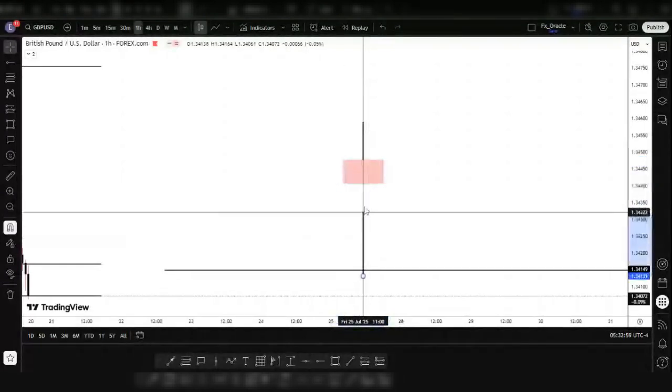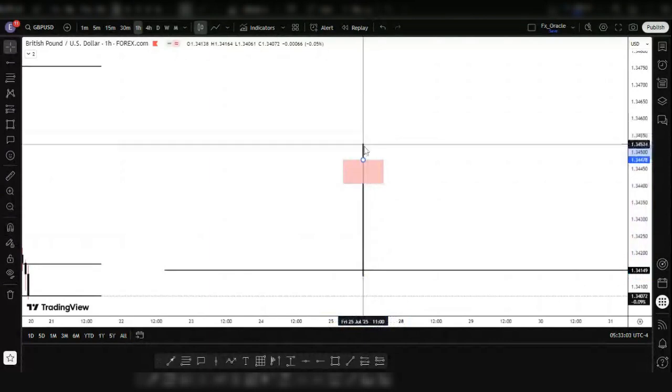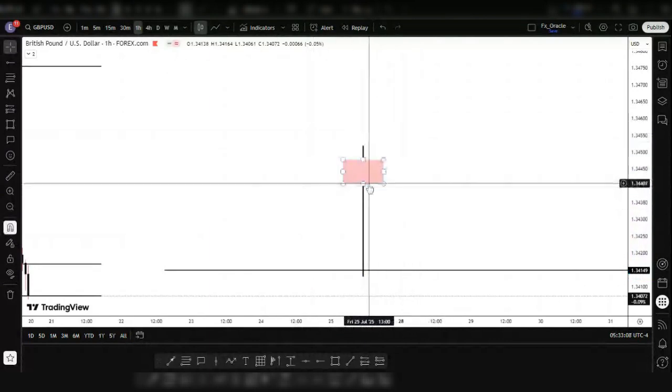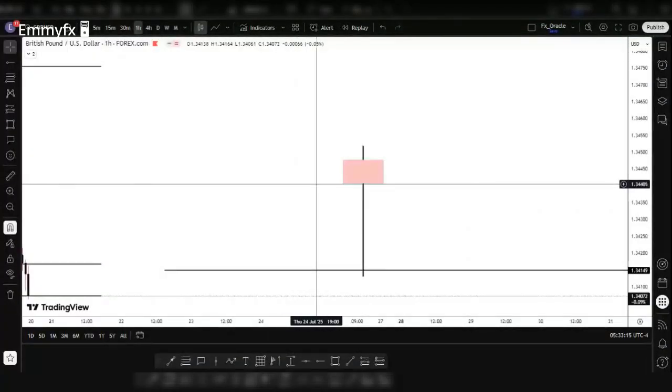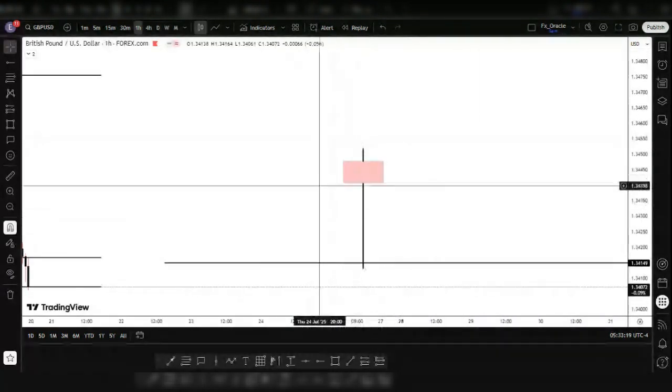In fact, let me start naming the candle first so that you know which candles I'm talking about. Now, this particular candle is called a pin bar. Some people call it hammer. You can call it pin bar, you can call it hammer. It's still the same thing. At least it looks like a hammer. So it's called the hammer.